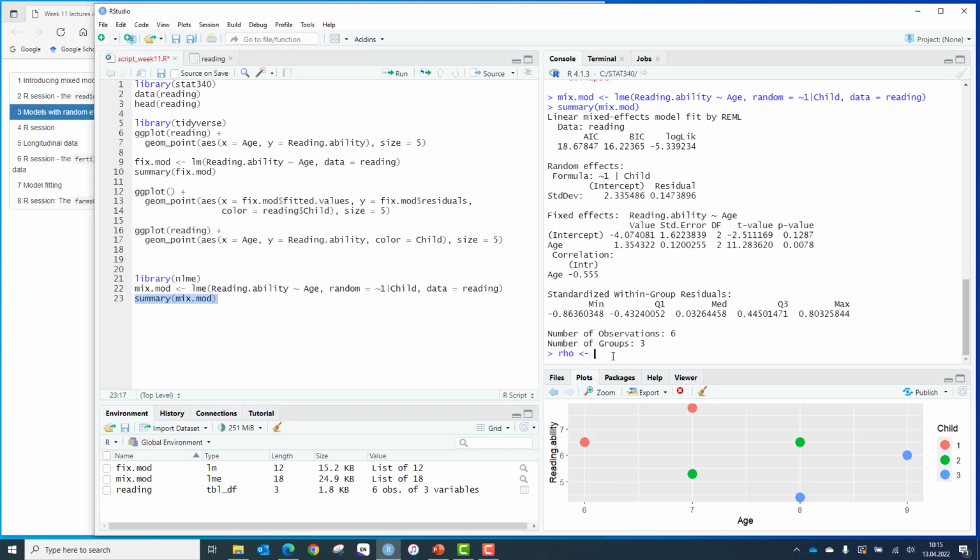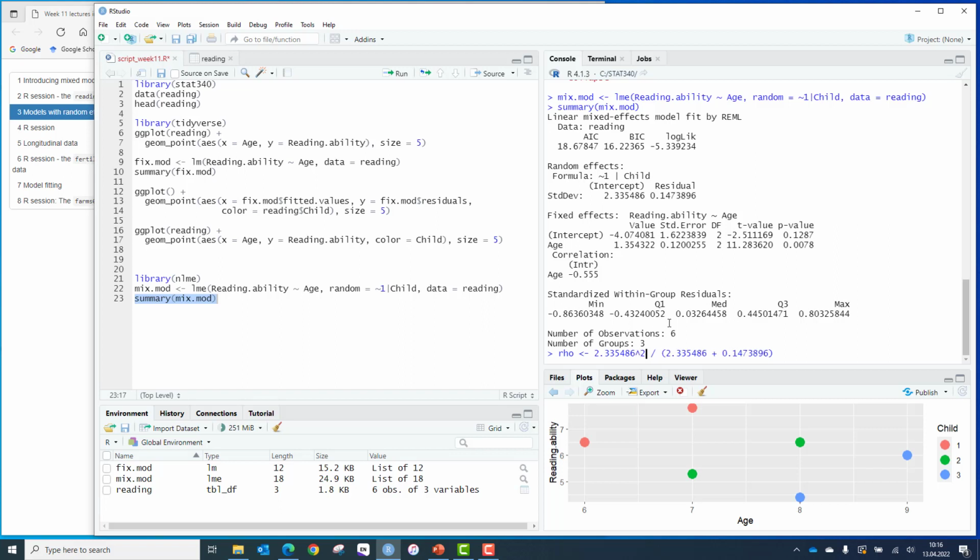So let me copy that down here, divided by the sum of this one plus the sigma E. Copy, and actually, what I haven't done, I should square this, because it should be the variances.